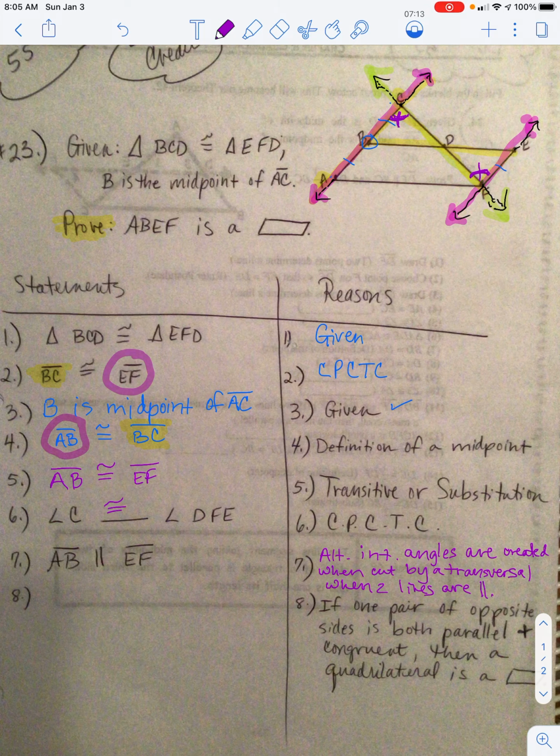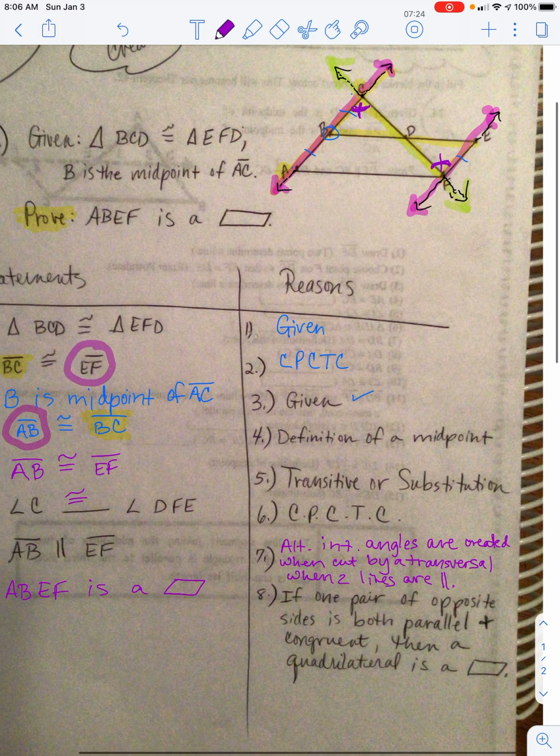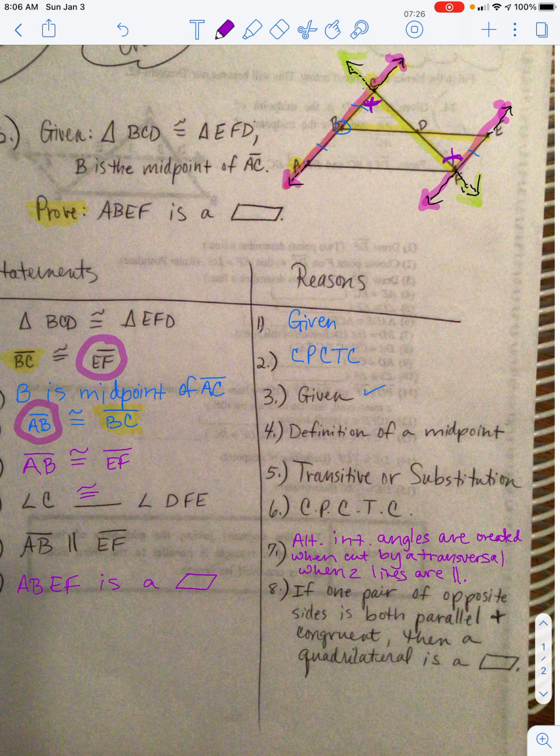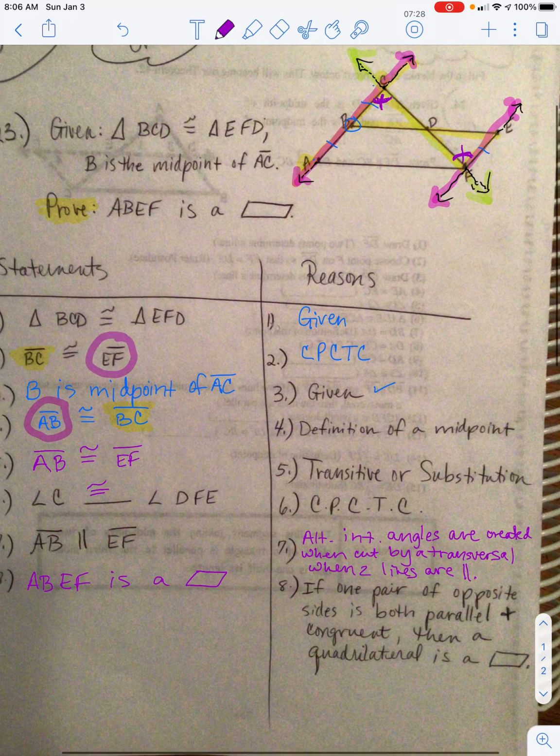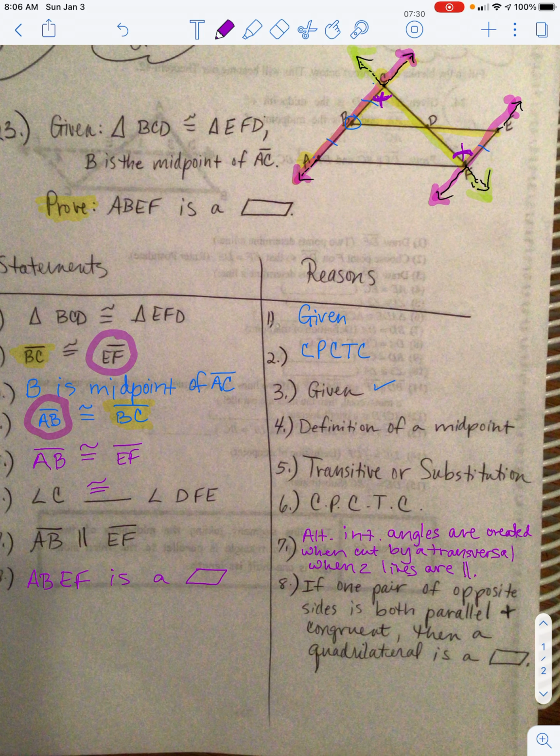And then finally, number 8, we'll write in our proof statement, ABEF is a parallelogram. Which states if one pair of opposite sides is both parallel and congruent, then a quadrilateral is a parallelogram.